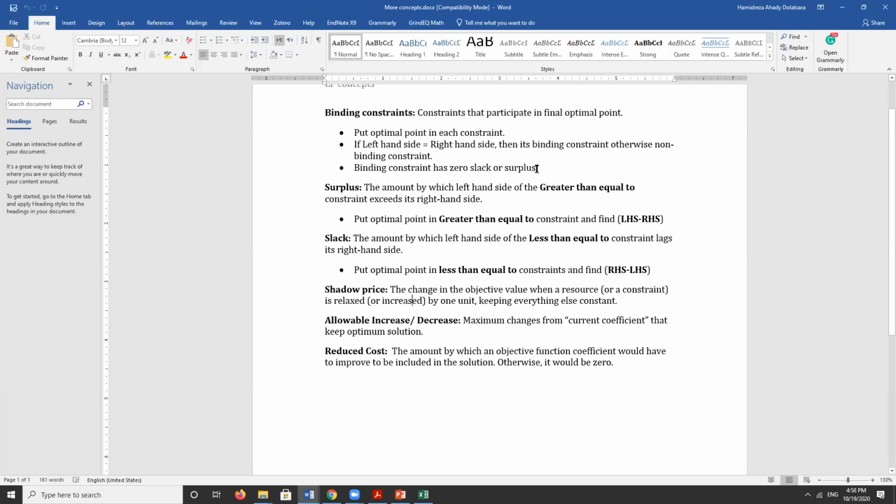For example, in two-dimensional space, the intersection of two binding constraints is a point that is your optimal solution. I know we don't go into the reason for that. There's a mathematical reason for that. But you can assume that binding constraints are participating in your optimal solution.